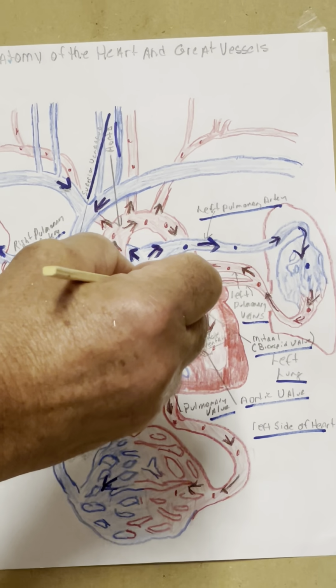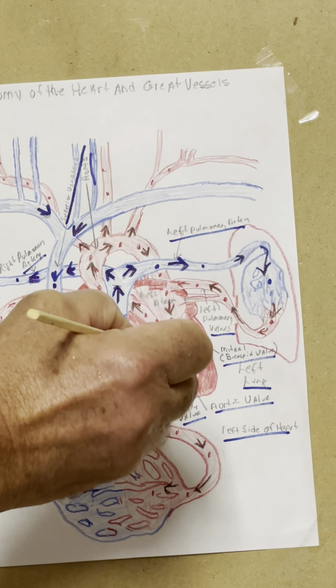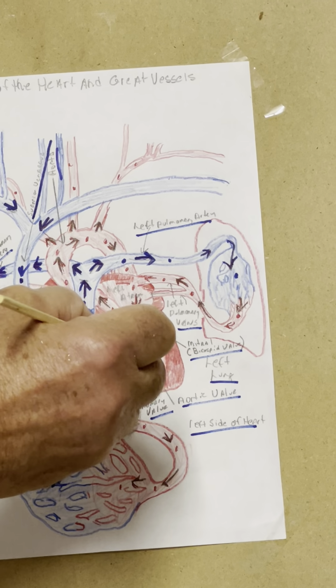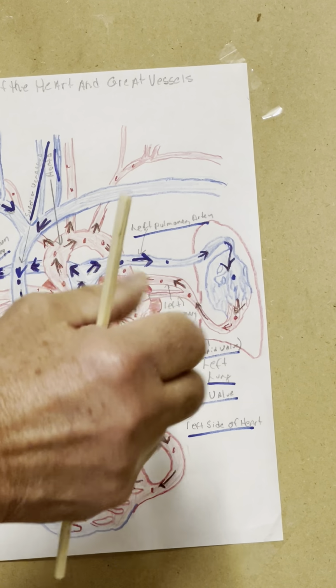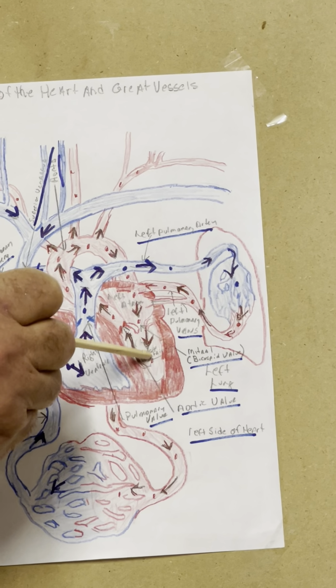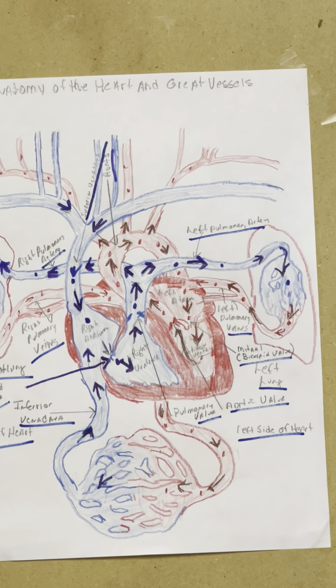Back into the left atrium, it fills up, enters into the left ventricle through the mitral valve, and then leaves once the left ventricle squeezes and into the aorta, into the rest of the body.